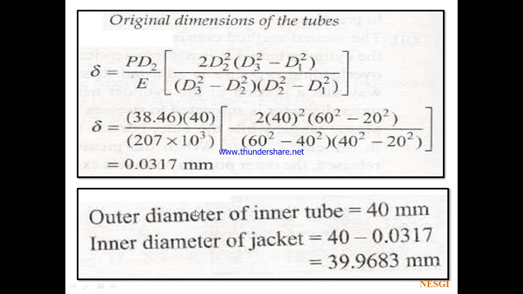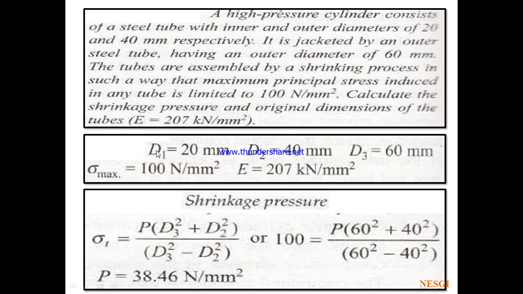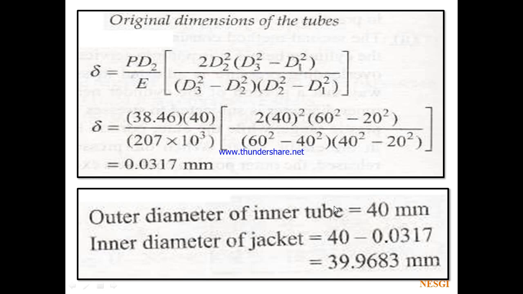So here original dimensions means D1 and D3 will remain same. That is D1 means it is inner diameter of cylinder and D3 means it is outer diameter of the jacket. And D2 also remains, D2 means it is outer diameter of cylinder. But the original inner diameter of jacket we need to find.